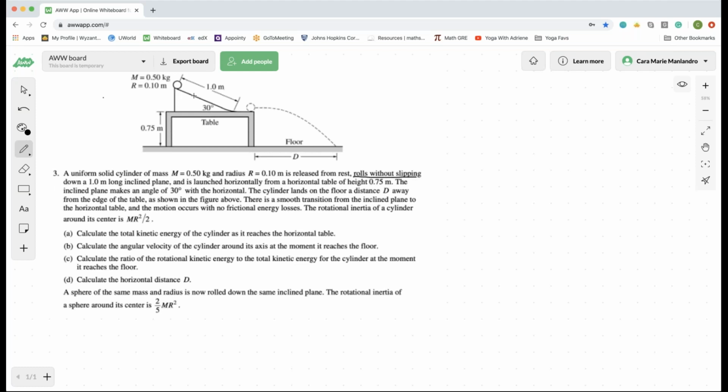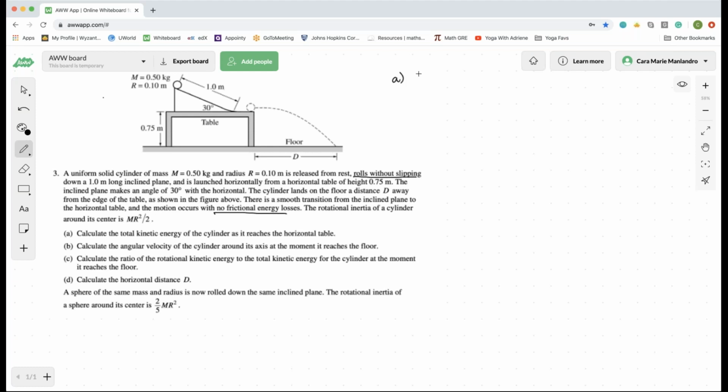Down a 1 meter incline, and we got a 30-degree angle. And then it is launched horizontally, which means we're going to get a kinematics question. And the cylinder lands on the floor. Smooth transition, that's great. So we lose no energy, that's awesome. And then we have a rotational inertia. Okay, so we'll get to that when we get to it.